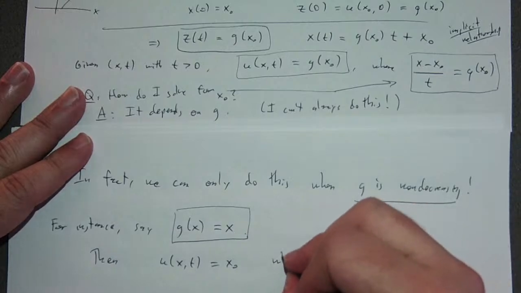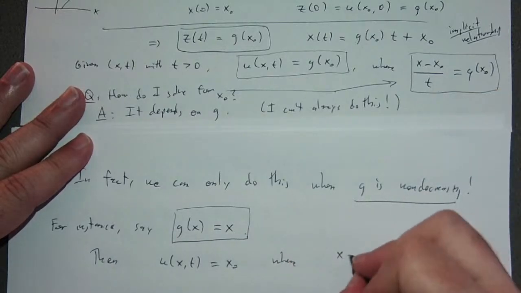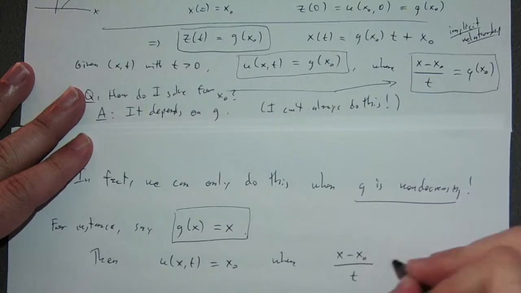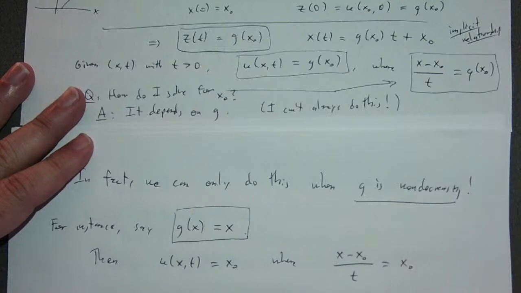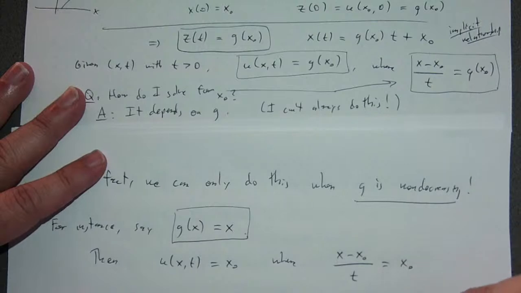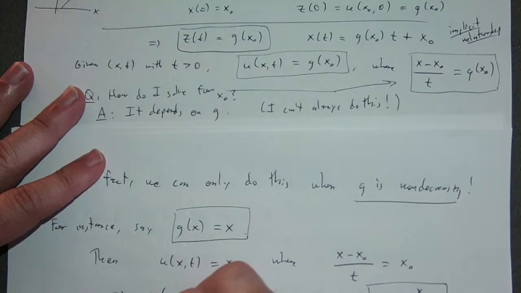Where (x minus x naught) over t is equal to g of x naught, which is x naught. But I can actually solve for x naught here. This implies that x naught is, what, x over t plus 1? But if x naught is x over t plus 1, this implies that my solution, u of x of t, is x over t plus 1.